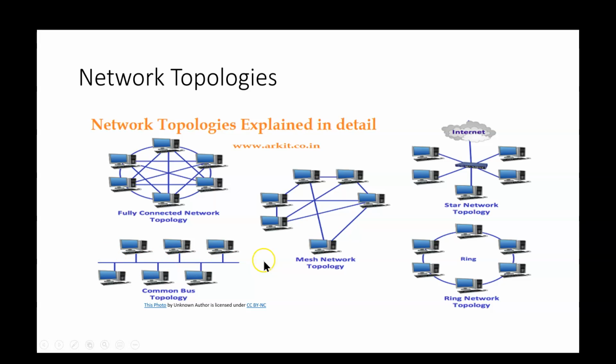So the common bus is when you have the main line going down the hallway and you have the individual connections going to the rooms off of it. So even though you see one computer image here, this could go into a classroom and have several drops off of it.